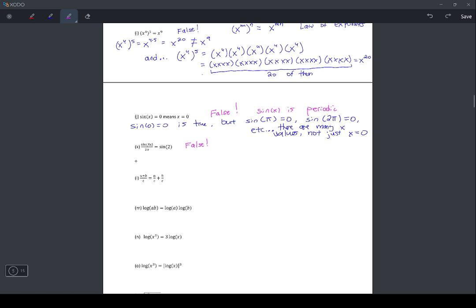So we can say that sine of a over b is not equal to sine of a over b. In general, there are some exceptions, of course, like for example, if b is equal to 1, dividing by 1 doesn't change anything, whether it's inside the sine argument or outside the sine argument, but any other situation, it's going to be screwed up. I can show you a particular example.